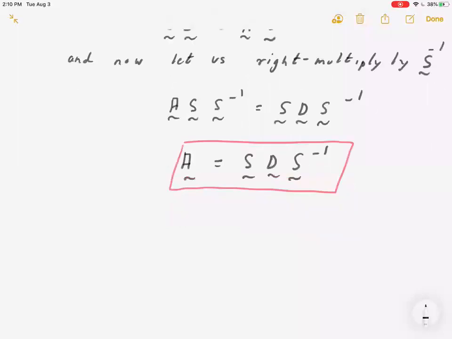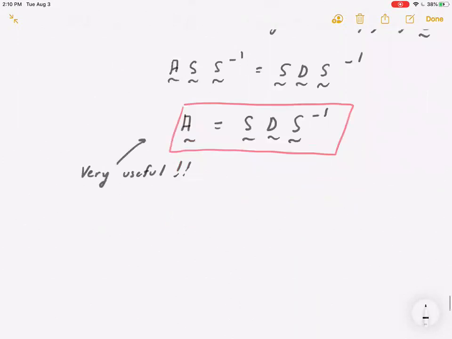Okay, so I'm going to claim that this form of diagonalizing matrices is very useful. So for example, suppose you have a problem in which you need to take the square of a matrix A. Well, one way to do it is just to take A and multiply it by itself.